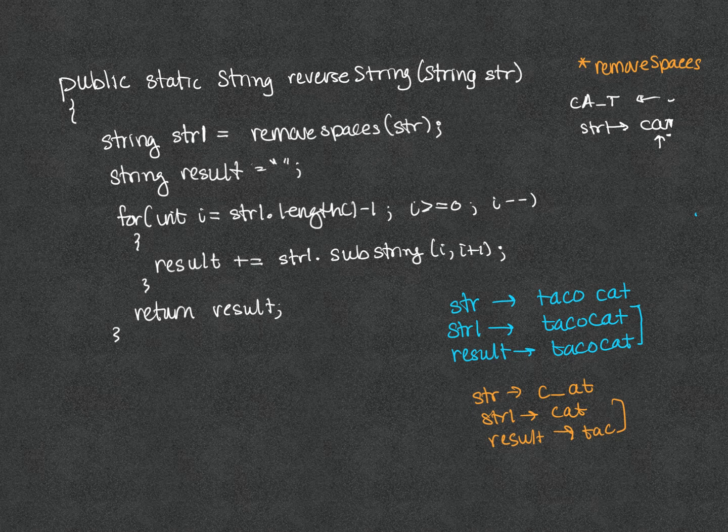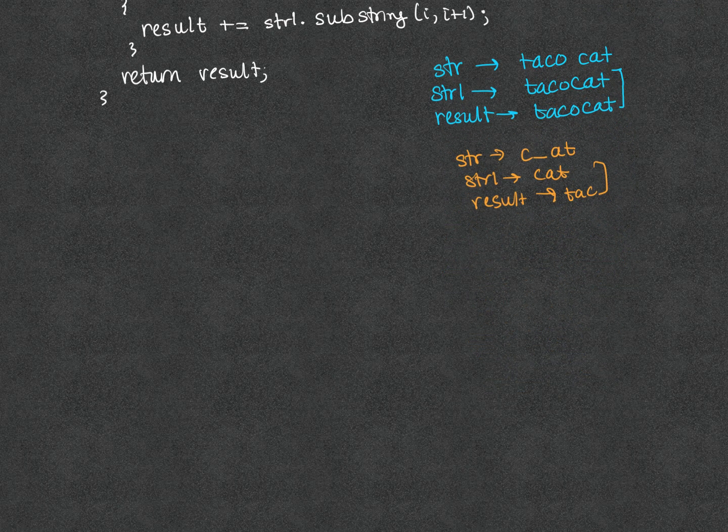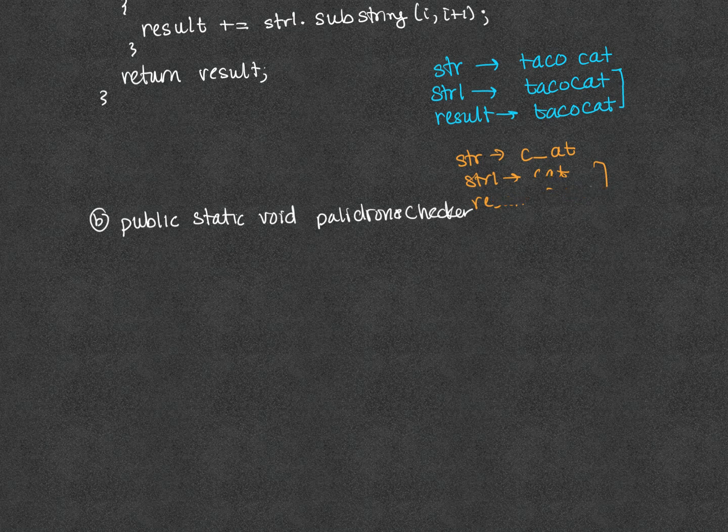Okay, so down here, part B, we are going to write the method public static void, and it was called palindromeChecker. And again, we pass in a string called str.